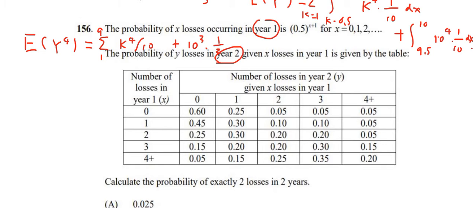So this X and Y mean how many times a loss happens. In year 1 it can happen 0, 1, 2 times, like that. And so here is given x, losses in year 2.